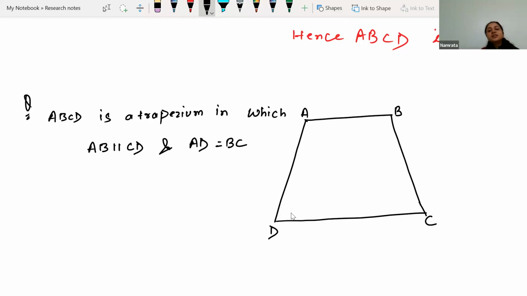This is the isosceles trapezium, right? Legs are same. Yes. Okay.